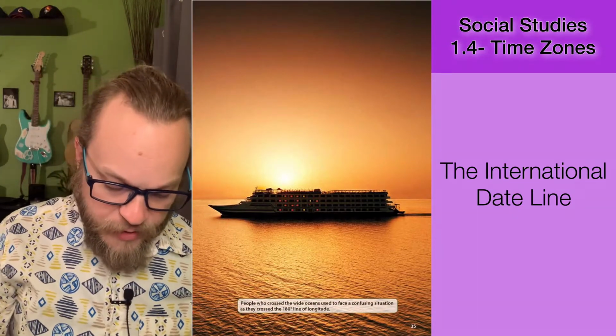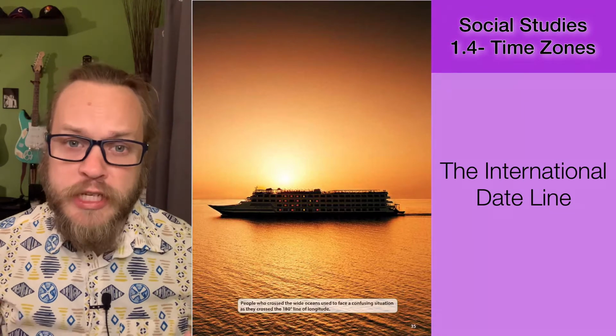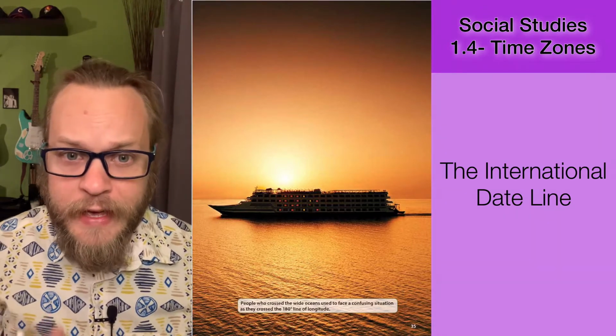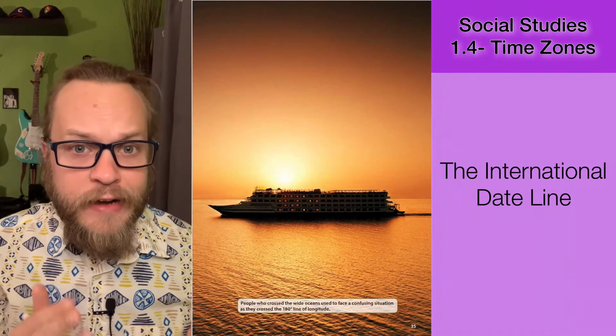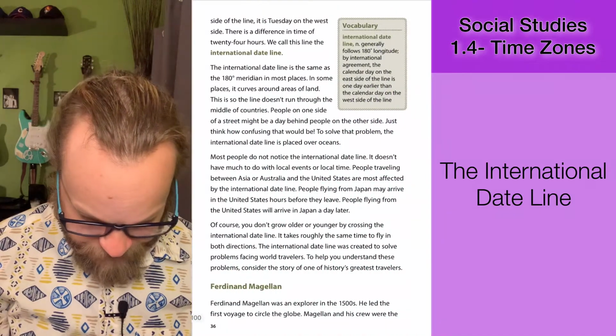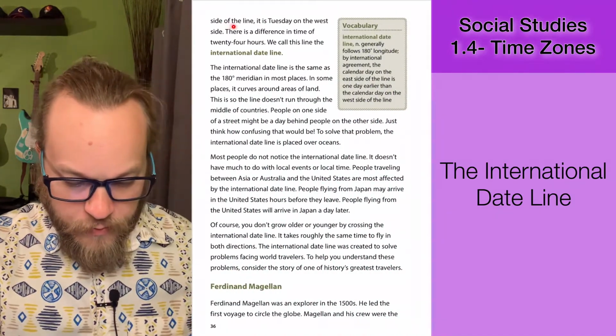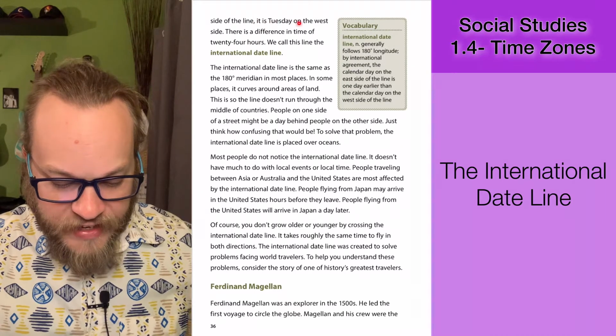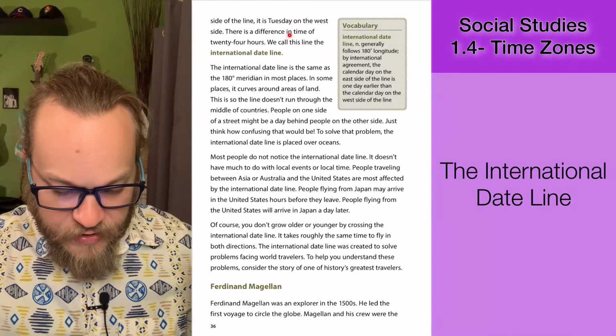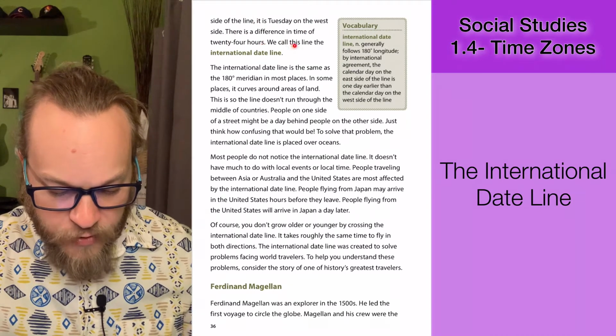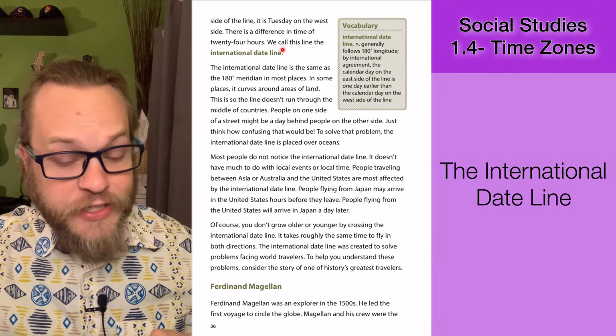Here we have a ship traveling in the Pacific Ocean, presumably crossing that 180-degree international date line. Well, on the other side, it will be Tuesday on the west side. There is a difference in time of 24 hours, and we call this line the international date line.